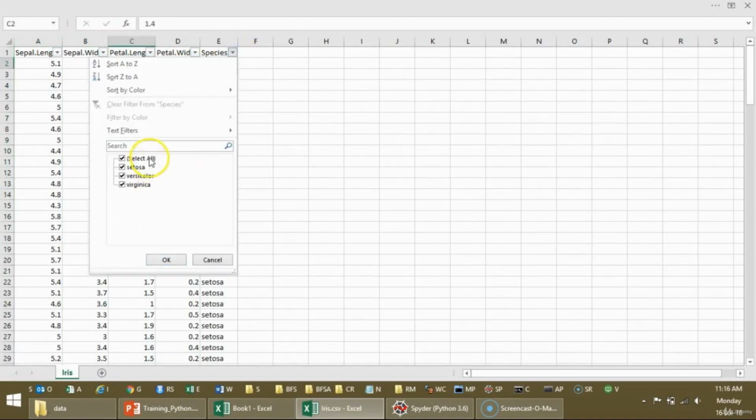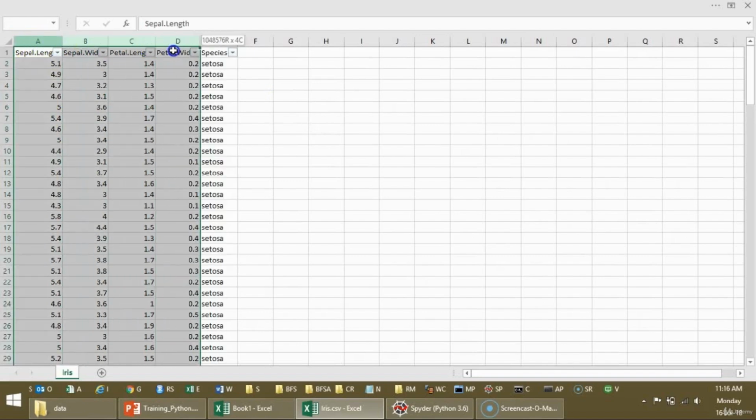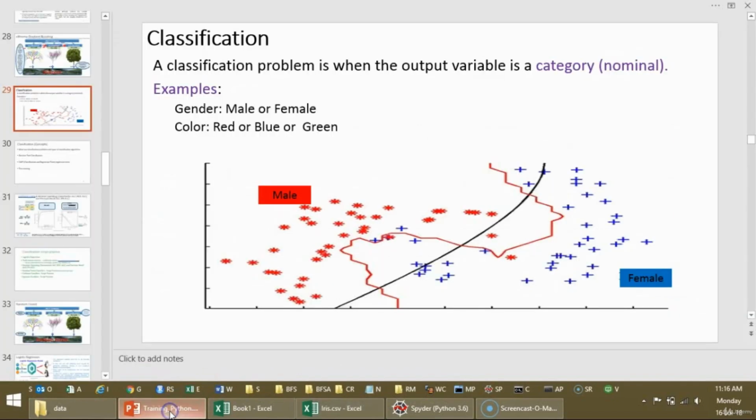There are 3 different types of flower here: Setosa, versicolor, and virginica. So we'll work on a classification problem where we try to predict the type of flower given the various independent attributes. This will be our classification problem. Let us proceed.